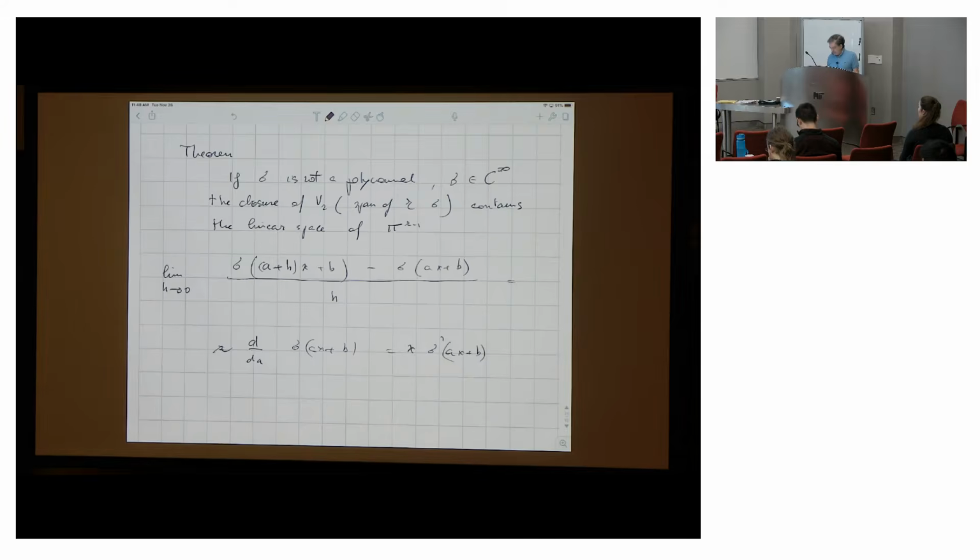So from two units I get essentially a monomial, x. From 3 units, the same trick will give me an x squared, and so on.